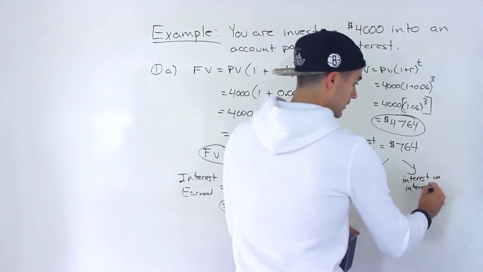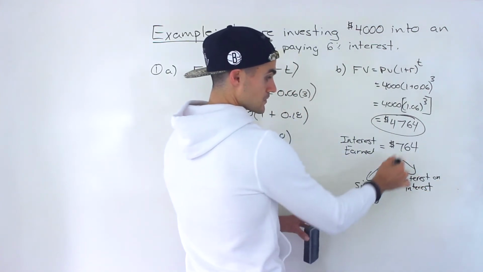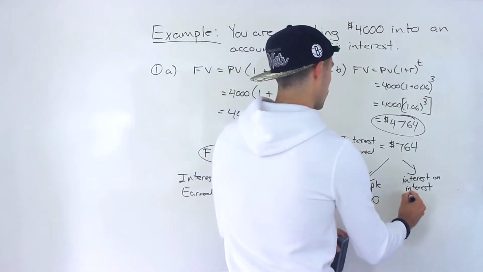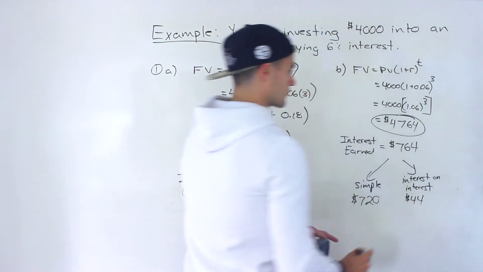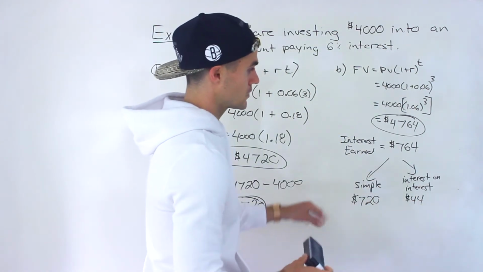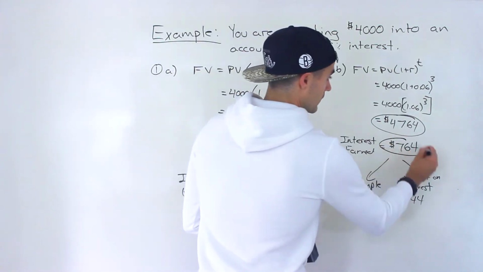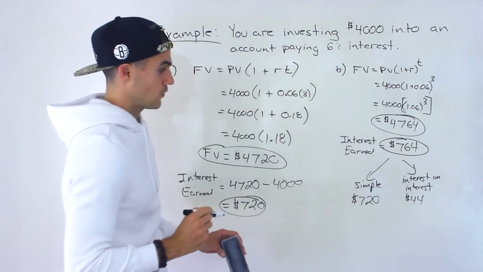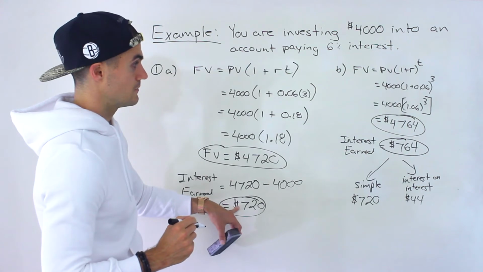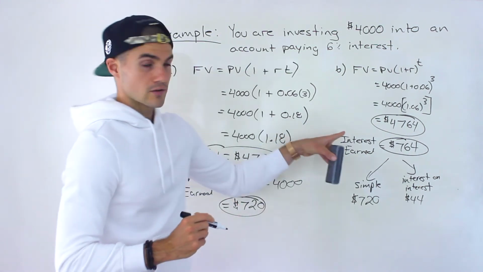The interest you're making on the interest, and that would be the difference between these, which would be $44. They didn't ask for this in the question, but I thought I would mention it anyway. But with what they're asking, the interest earned is 764, slightly higher than 720, and the future value is 4,764.